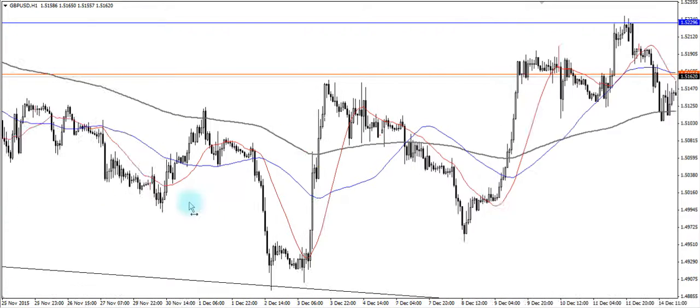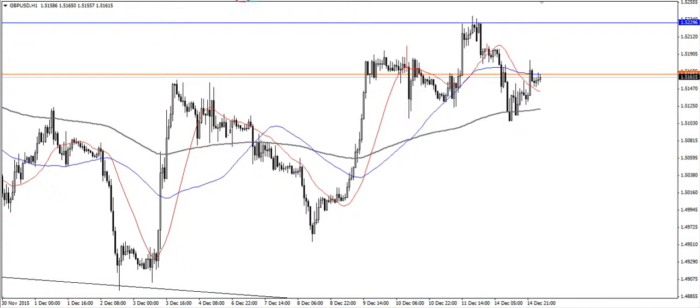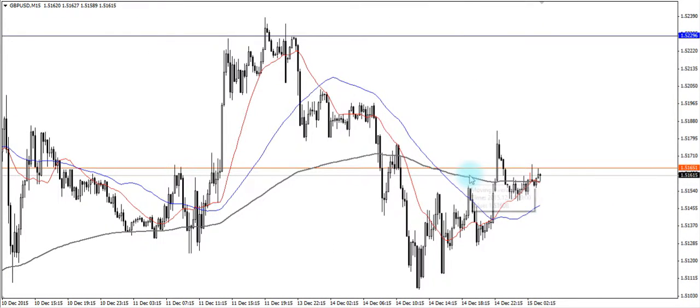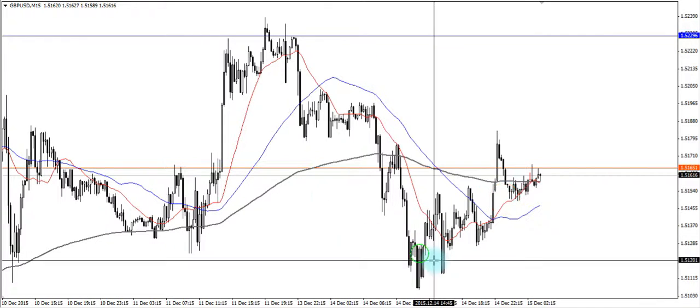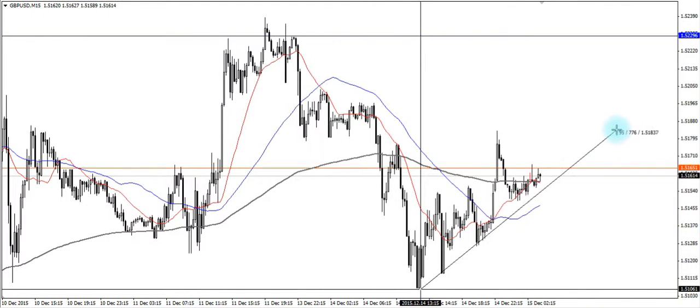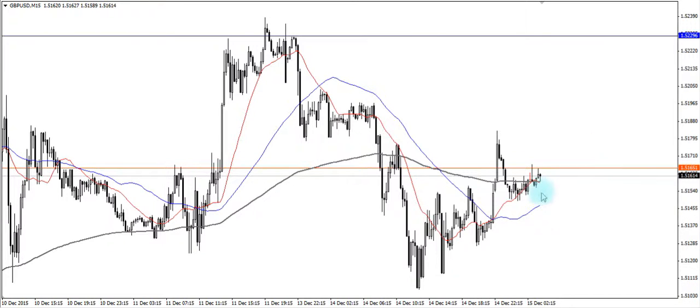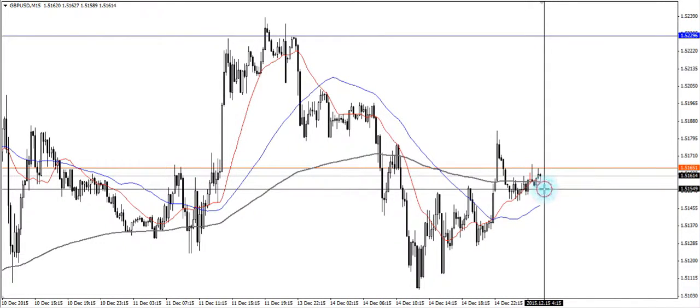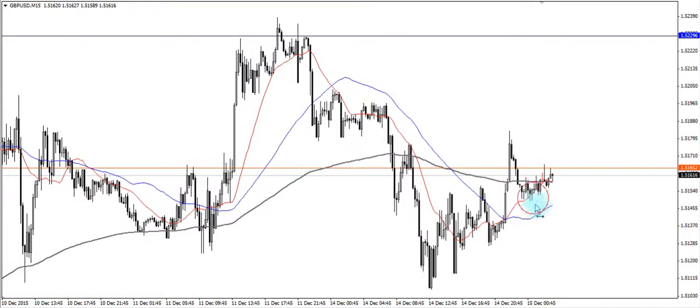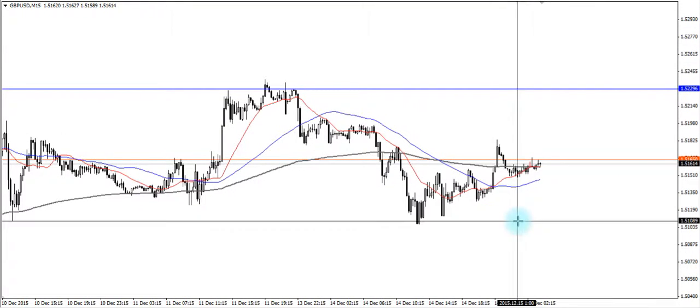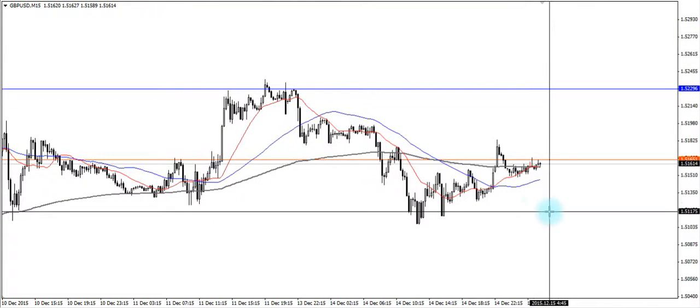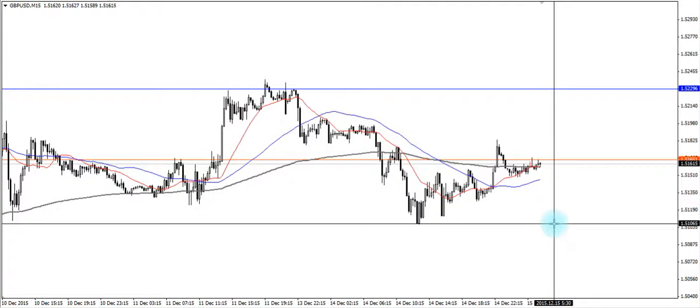So back to the smaller time frame, we are just waiting to see if we can get a chance to go for the buy. In the 15-minute chart, we do see that there's a very steep trend line down here. So probably as the price came down a little bit again, you may want to go for the buy, but you may want to put the stop loss way below the previous low right here.